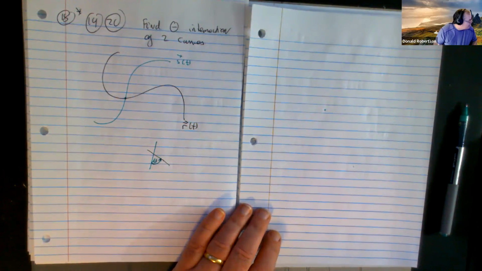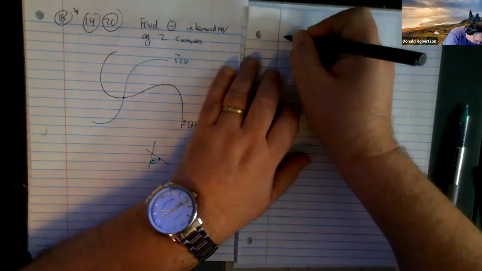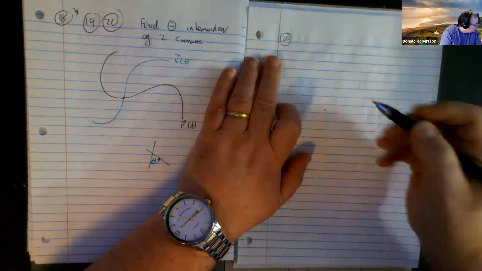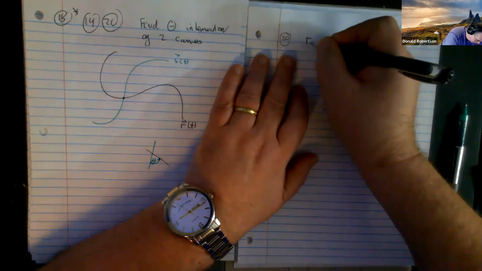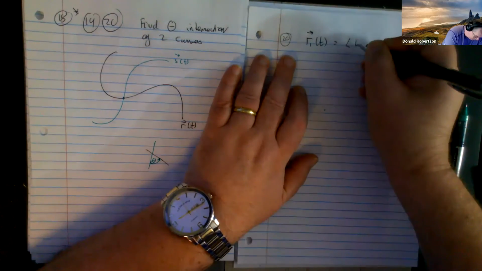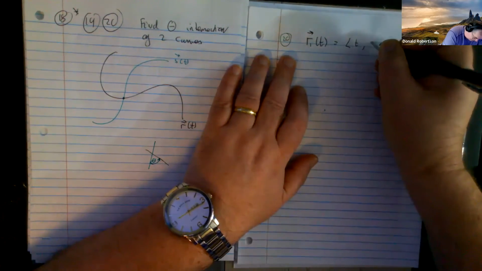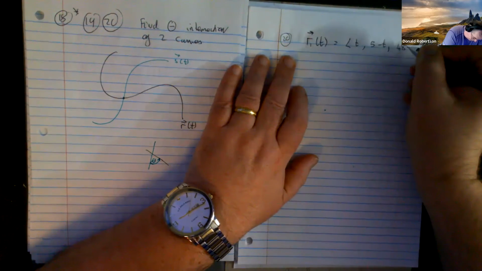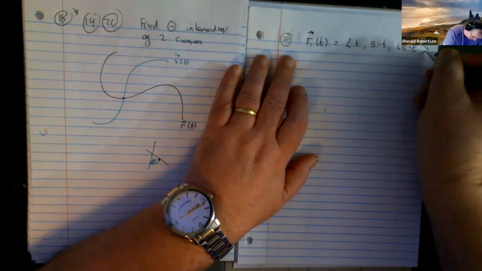Okay, so I'm picking one. I'm picking question 20 because it looks the worst of the three. You have a curve. Oh, that's how they're doing it. They're calling it R1 of t. So it's t, 5 take away t, and 48 plus t squared.